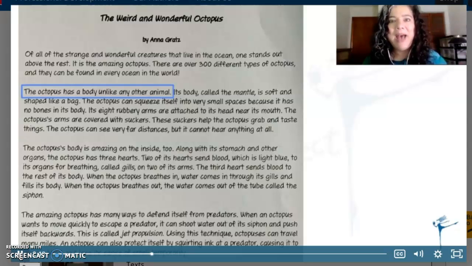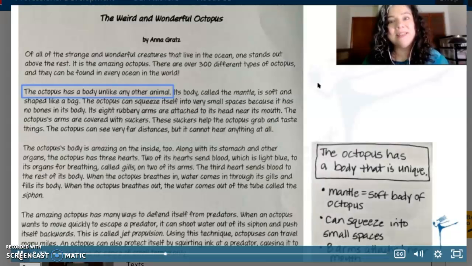And then I went back and I reread this paragraph 2, maybe even 3 times, to be honest. And I looked for the supporting details that would show how unique the octopus's body was. And that became the bullets of my boxes and bullets. Now I'm ready to make a mini summary by talking in a boxes and bullets way. You can do this too.